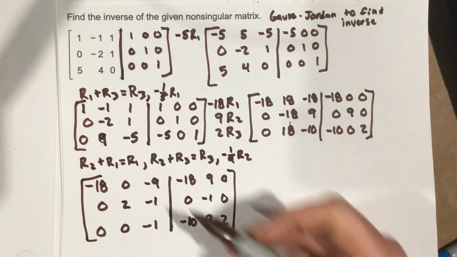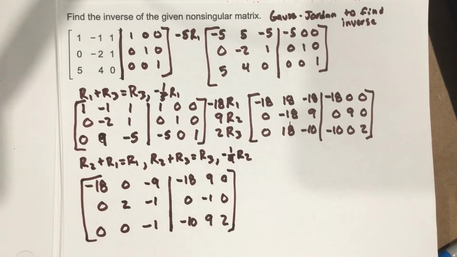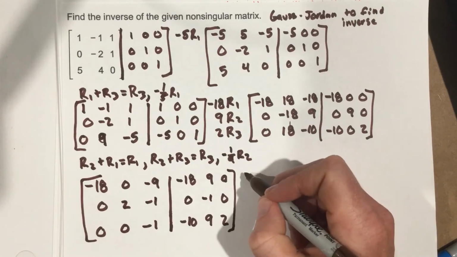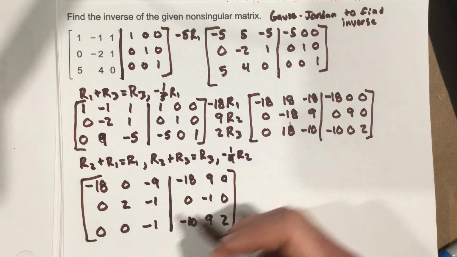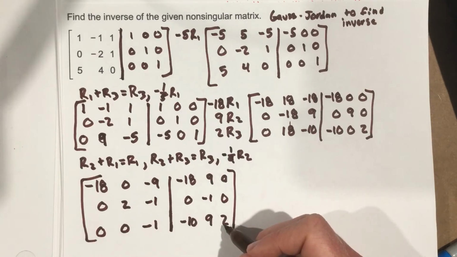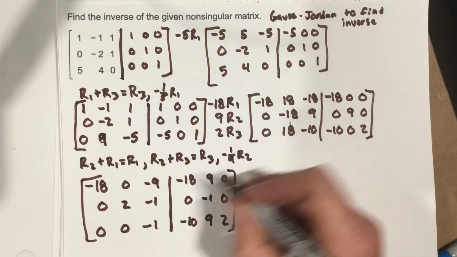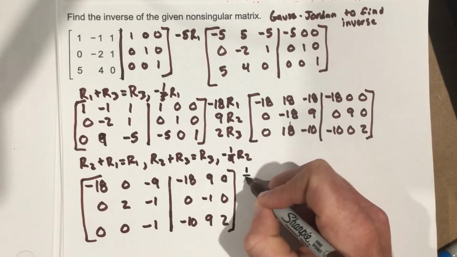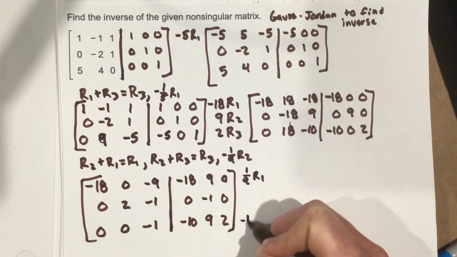All right, now I need to get both of these to be 0. So I'm going to multiply the top equation by just 1/9 R1, and the bottom we're going to go negative 1 R3.